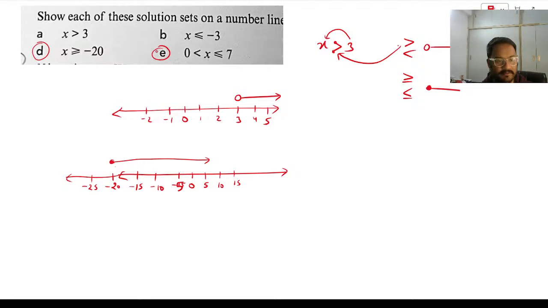Give it a try so that you can have an idea how to solve these types of equations, otherwise you will not have an idea how to solve these types of questions. So please give it a try.